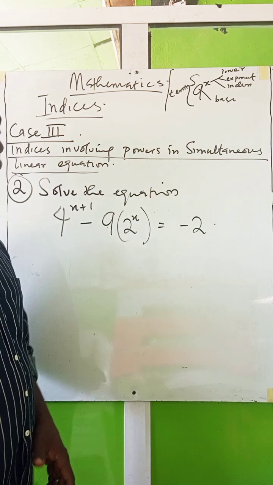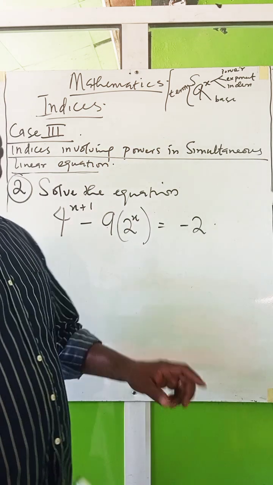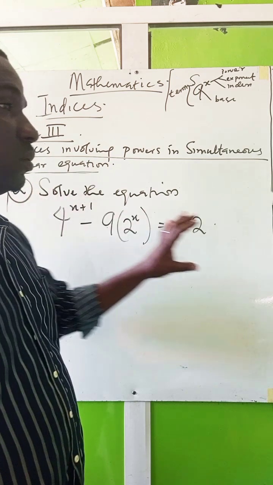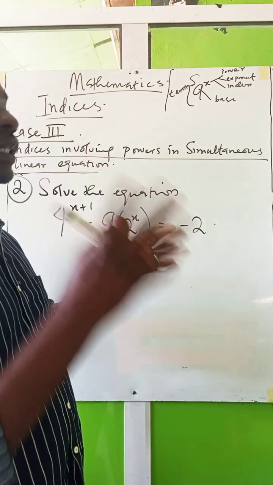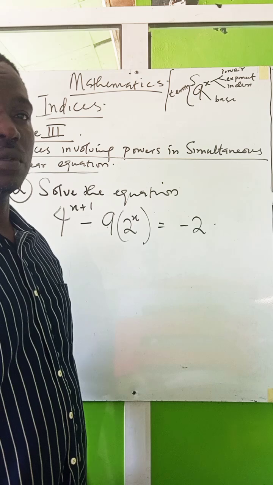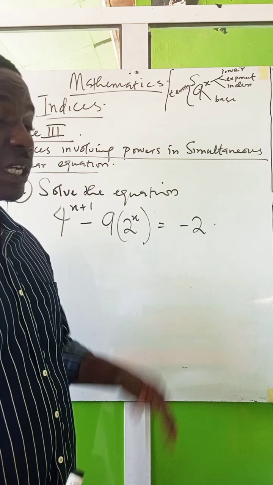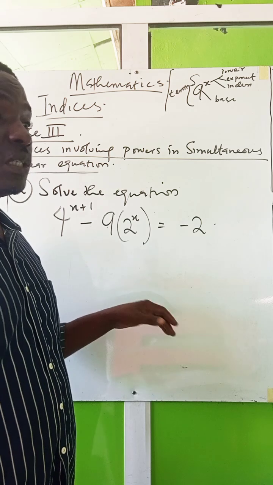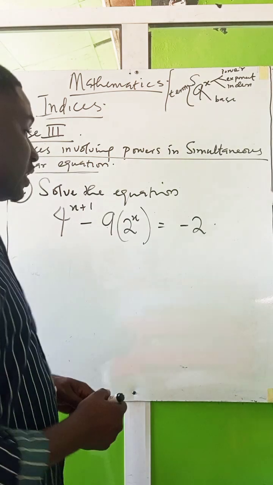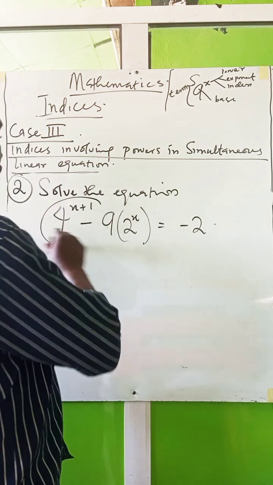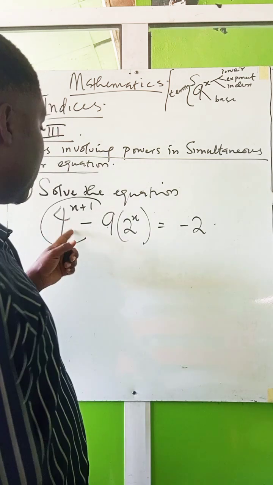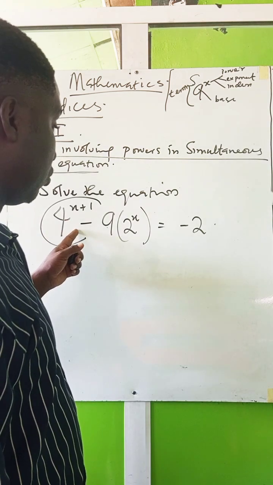What we'll do here is bring all the terms to their original form, the way they were before the law of indices was applied on them. For instance, the law of indices has been applied on this for it to be like this.